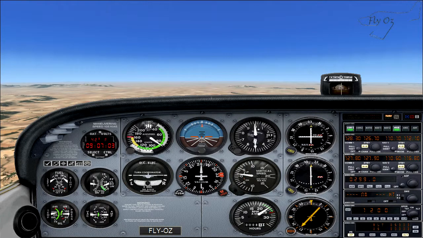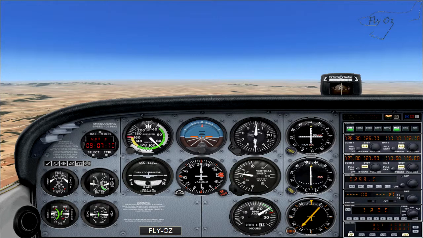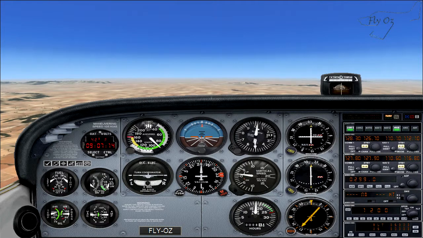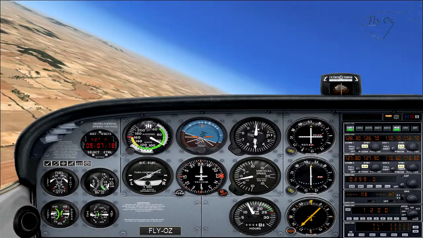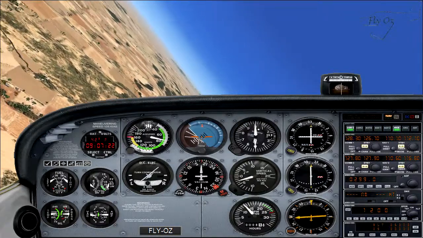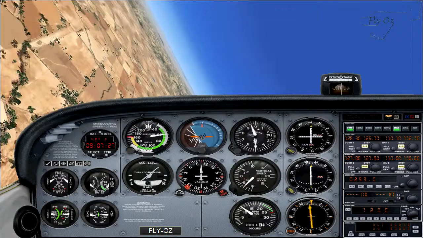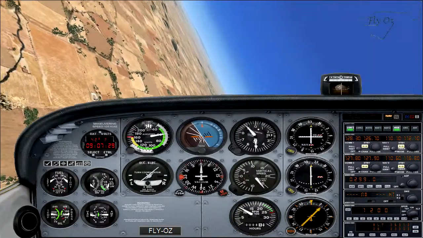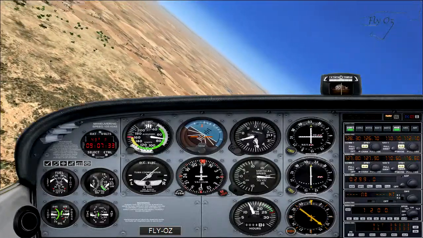Finally, in our last demonstration, I'm going to stall the aircraft at 60 degrees angle of bank. Notice that the aircraft has just stalled, so I'm now going to recover.